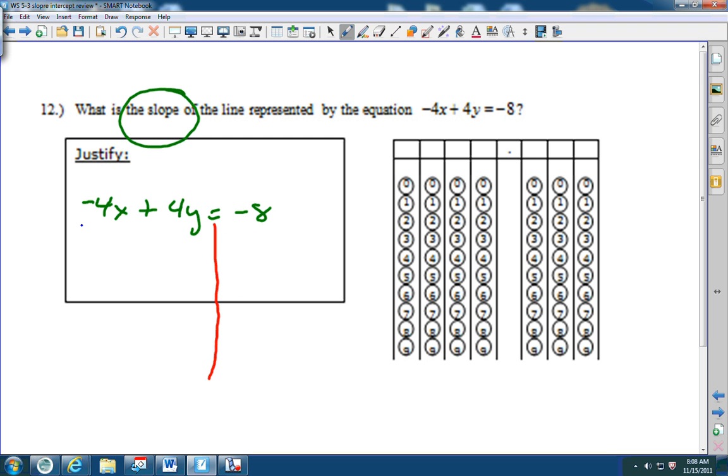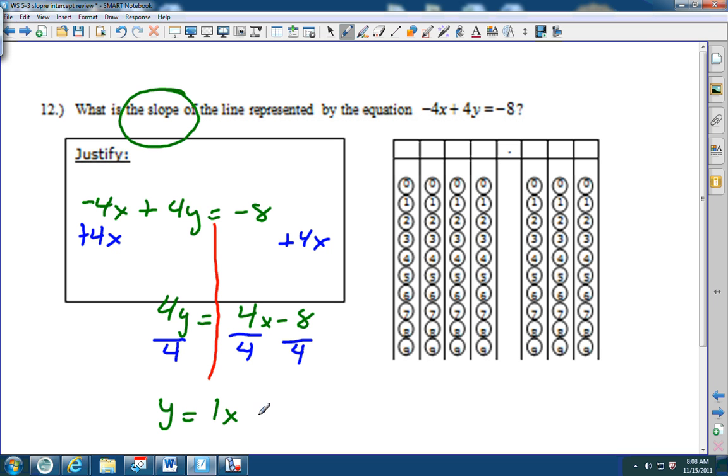Well, I'm going to add 4x to each side. I get 4y equals 4x minus 8. I'm going to divide everything by 4. I have y equals 4 divided by 4 is 1x minus 2.